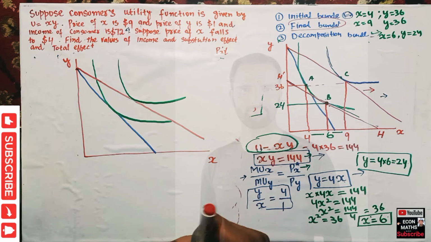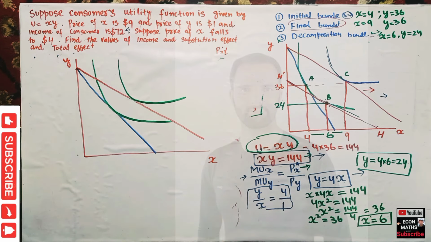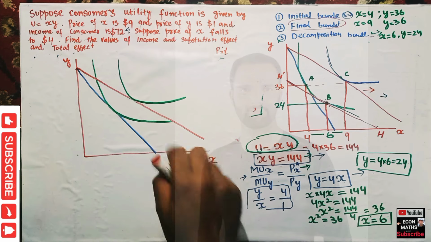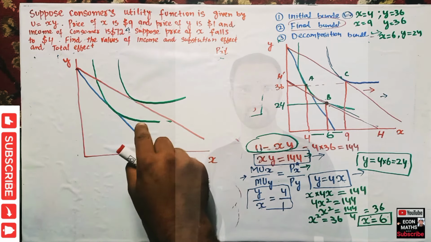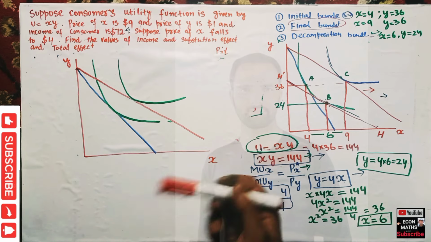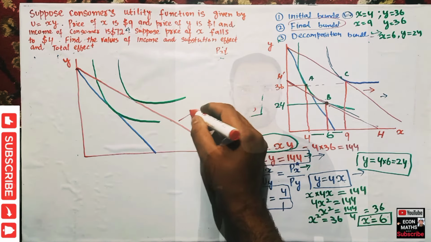For that we need to draw the Hicksian line. The decomposition bundle will remain on the original indifference curve, the one we drew originally, but its slope will be that of the new budget line.